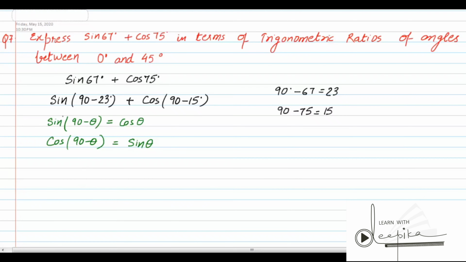By applying these two formulas, you can write sine 90 minus 23 degree as cos 23 degree, and cos 90 minus 15 degree as sin 15 degree. Now you can see your angles 23 degree and 15 degree are in the range of 0 to 45 degree. So this is the way you can express these in angles between 0 degree and 45 degree.